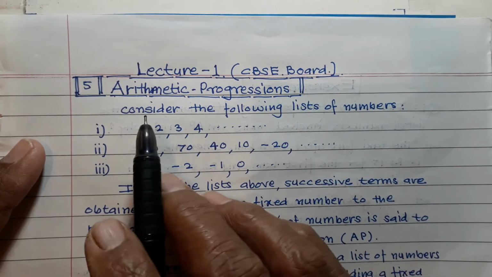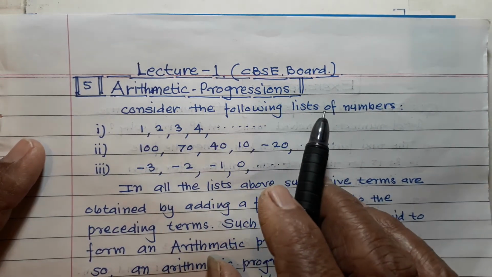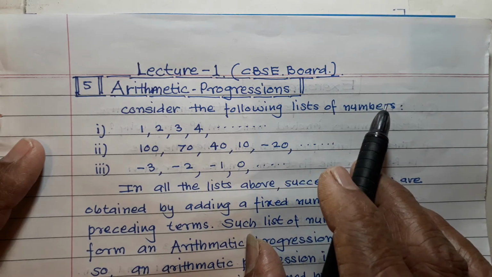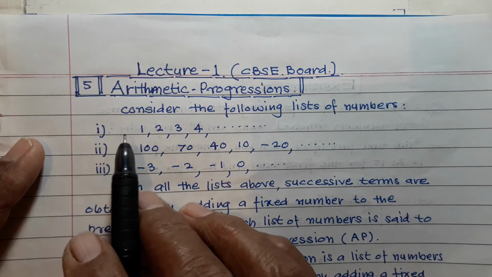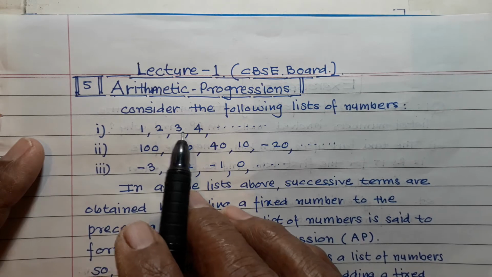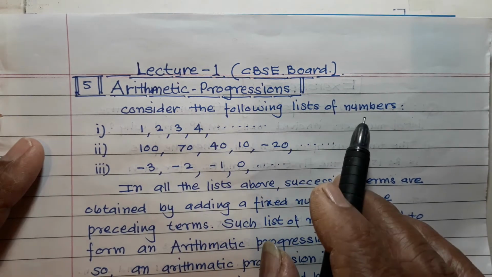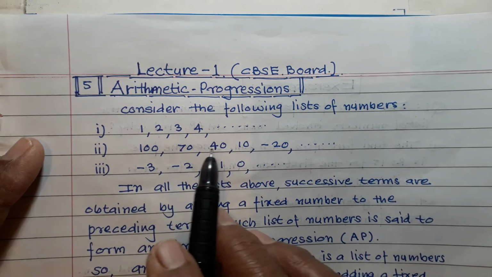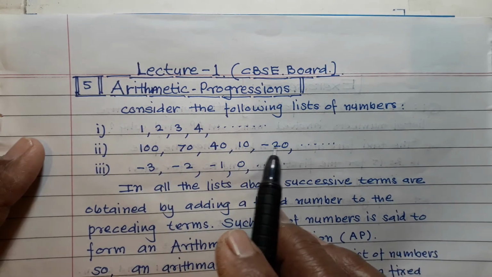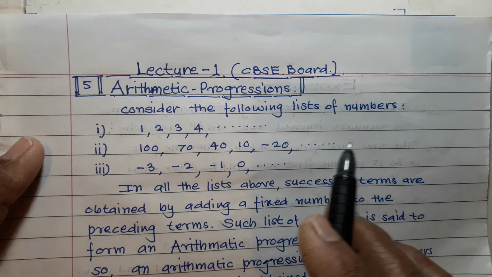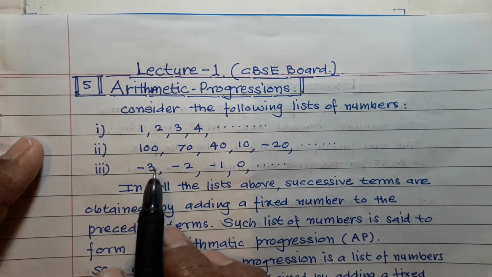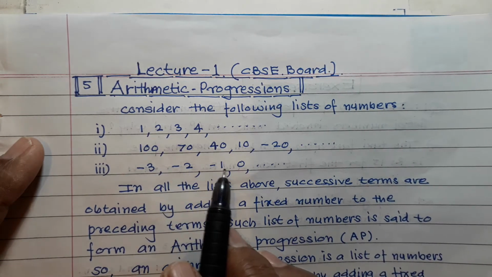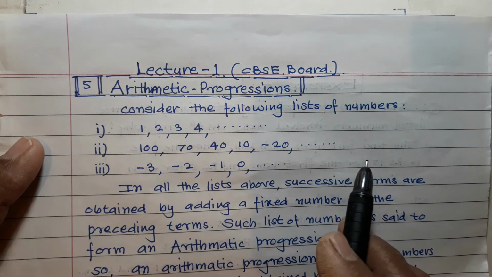Okay. Consider the following lists of numbers. Number 1: 1, 2, 3, 4, and so on. Number 2: 100, 70, 40, 10, minus 20, and so on. Number 3: minus 3, minus 2, minus 1, 0, and so on.